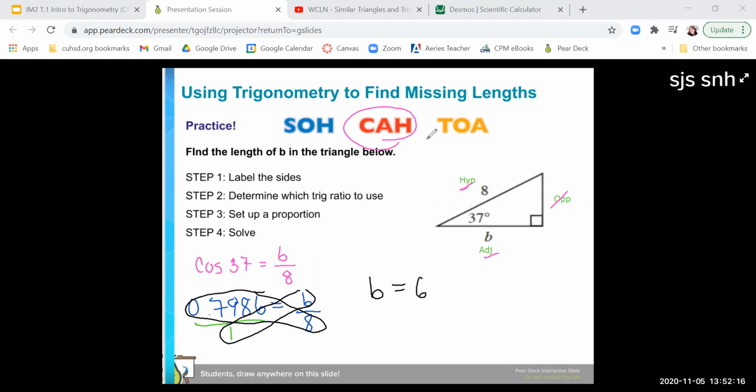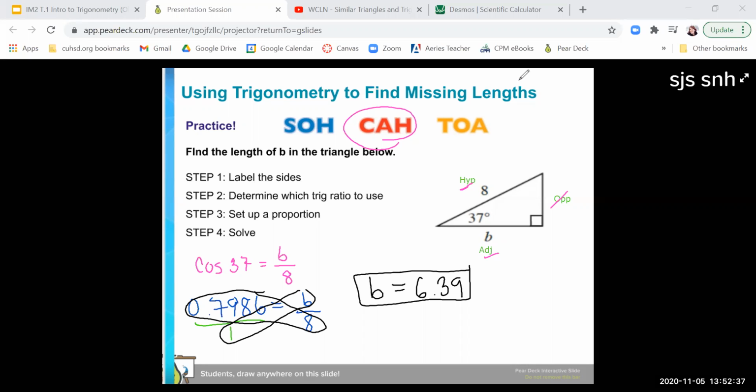So I'm going to round that to 6.39. Hopefully it's starting to feel a little smoother.